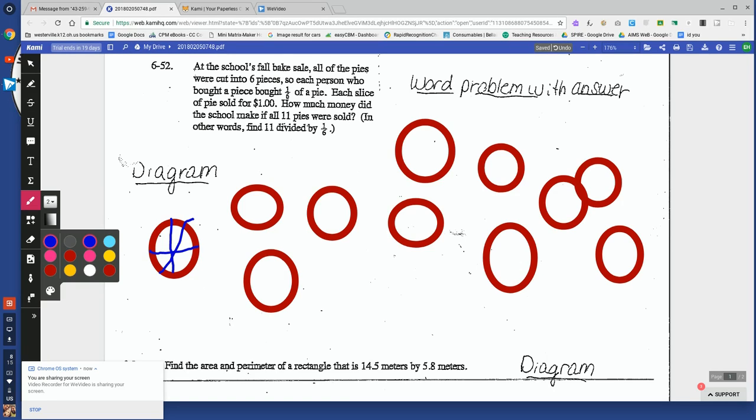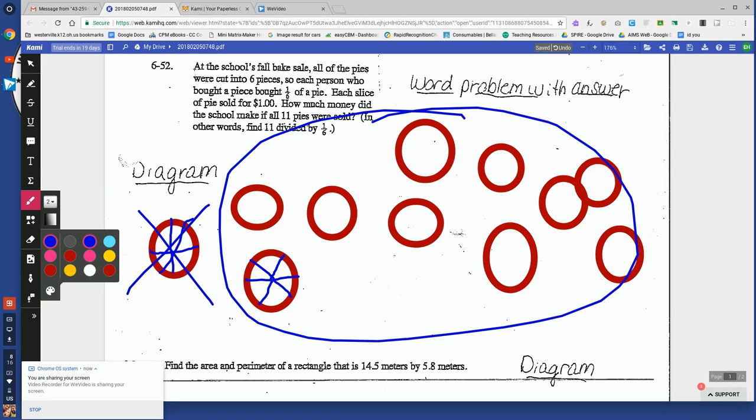You're going to have uneven pies. So the easiest way is split it down the middle, and then split them into thirds. Kind of get your yin yang there. So again, I got 6 pieces there. I got 11 pies in total. So 6 times 11 would be 66 pieces.